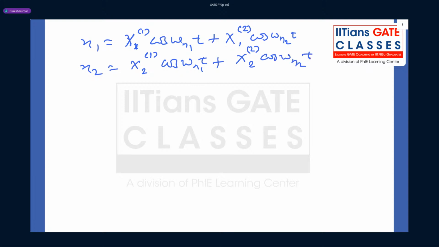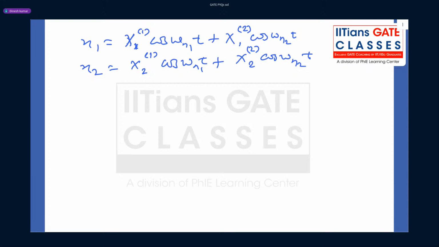So these are the final response equations when your initial velocities are 0. With initial displacement mentioned, and initial velocities 0, these will be the final response for both degrees of freedom.